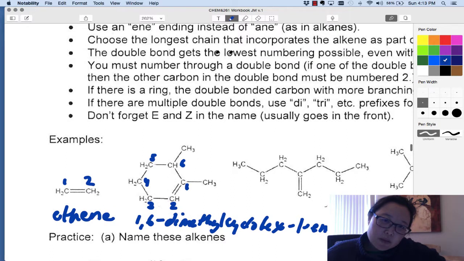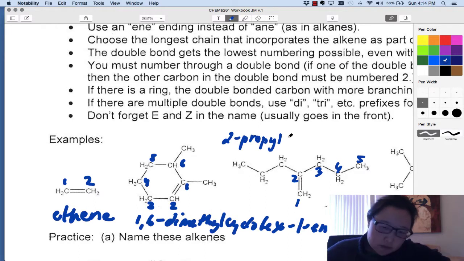For the next one, we want to choose the longest chain which incorporates the double bond, and also want the double bond to get the lowest number possible. So instead of numbering this with the longest chain, I have to include the double bond in the longest chain. So I have to go 1, 2, 3, 4, 5. Or I can go the other way and it'll still be a chain of 5. So that means that this part is going to be off of carbon 2. So this is 2-propyl.